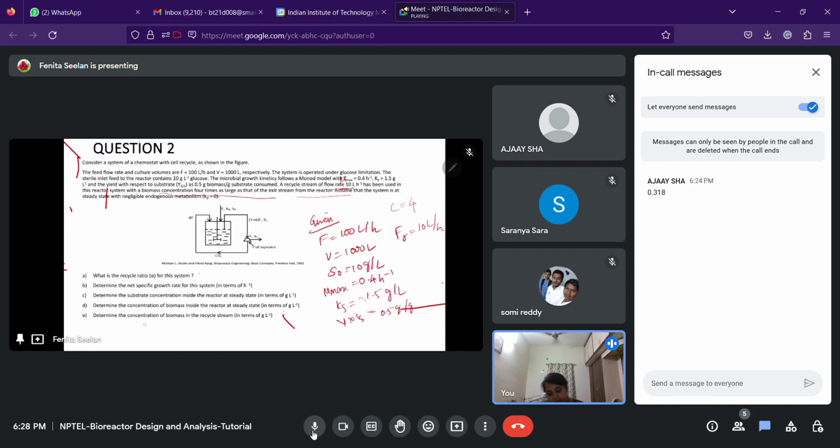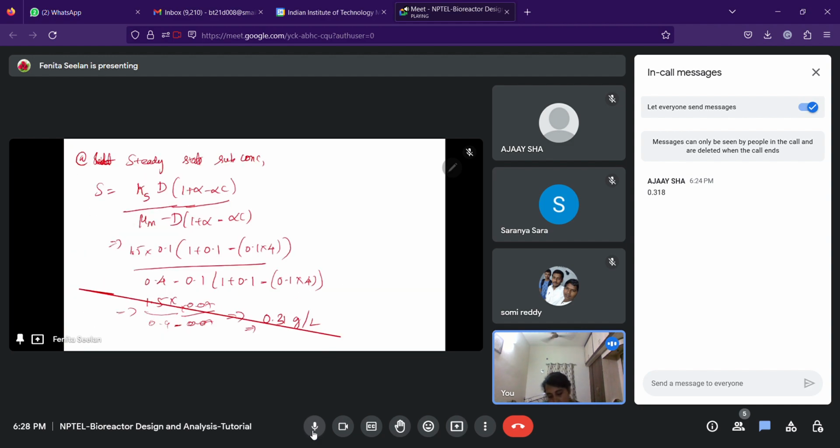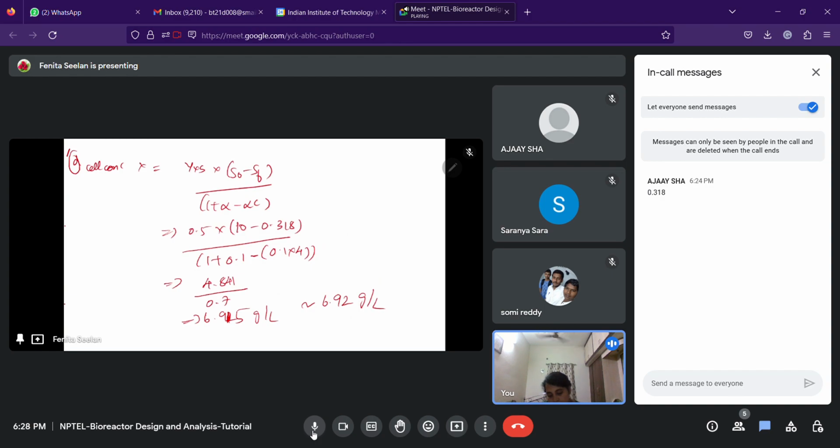The last part of the question is to determine the concentration of biomass in the recycle stream. So from here you are taking your cells out, separating the cells, then taking them back in. In the recycle stream, the cell concentration would be Cx1. So we just have to multiply the concentration of the cells by the concentration factor.